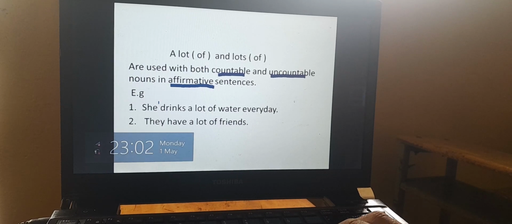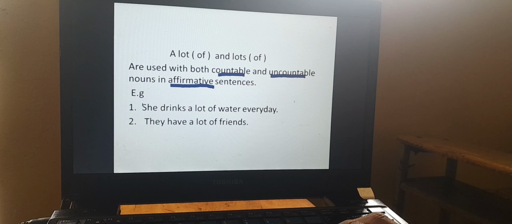Now let us see examples for a lot of or lots of. She drinks a lot of water every day. You know that water is an uncountable noun, but we have used a lot of, since it is possible to express both countable and uncountable nouns using a lot of.